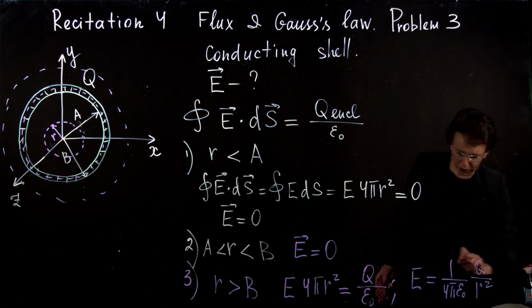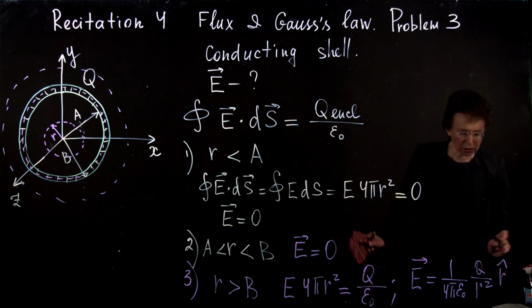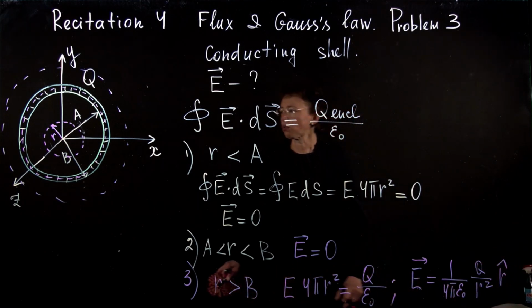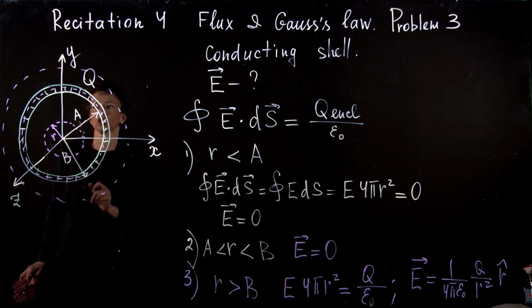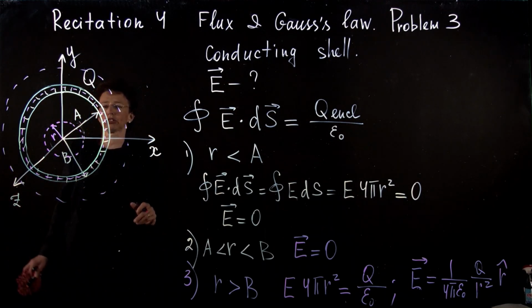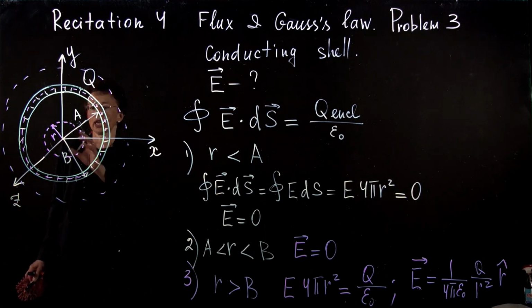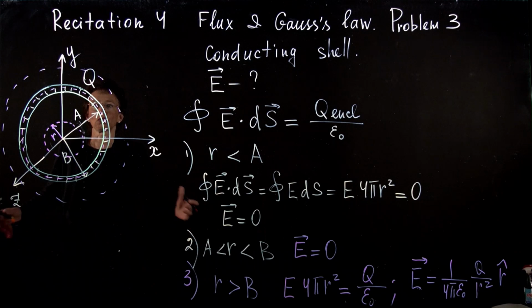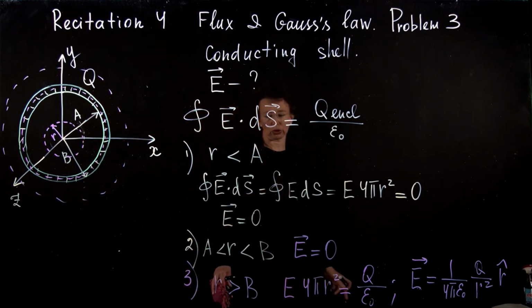So either I put here radially out, or we will just put the unit vector in the radial direction. So from outside of this spherical shell charged with charge Q, we have the same electric field as the electric field created by a point charge located at the origin. From outside, we cannot say what is there, either a spherical shell charged with charge Q or just a point charge. The solution looks the same.